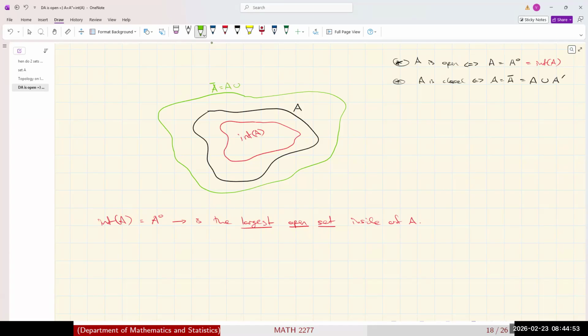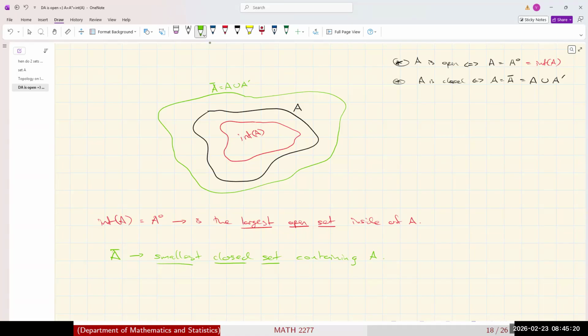It's A together with its limit points. So the closure is the smallest closed set containing A.